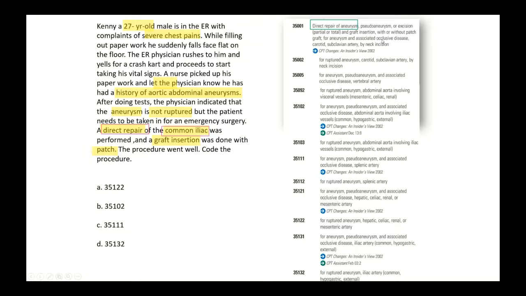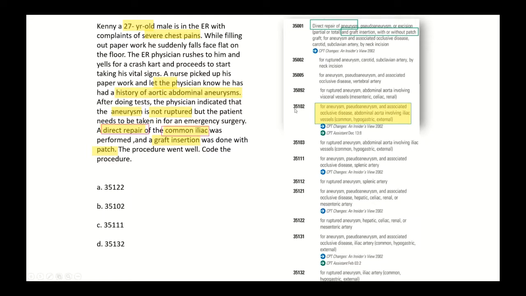So it looks like this includes graft insertion. There was a graft insertion mentioned there. With or without patch, there was some patch mentioned. So that's good. It means that this parent code includes our direct repair, the graft insertion, and the patch. All we need to do is make sure that we are coding what type of aneurysm and where on the body, right? Following along? Okay.